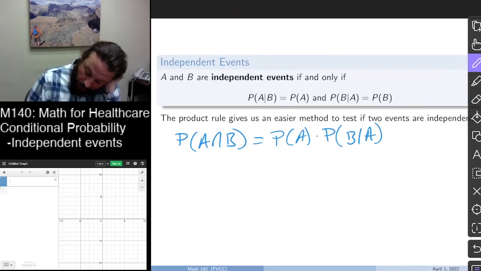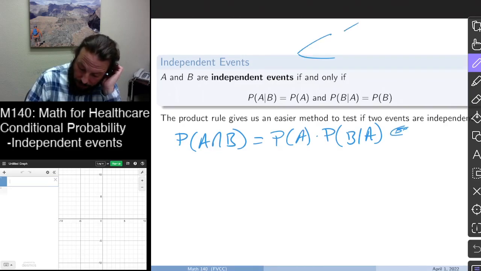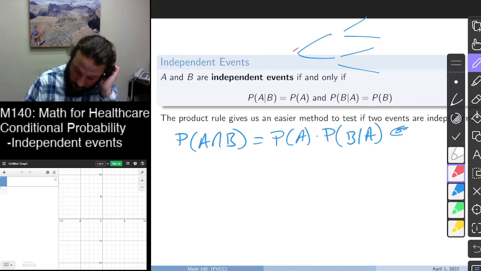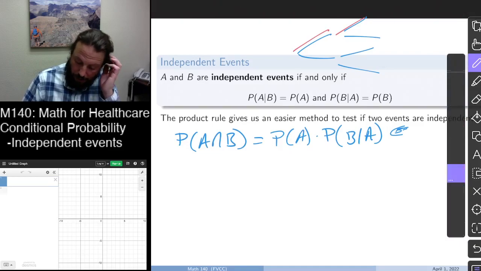All right. That's well and good. Remember, what do I think of this as? That's multiplying down some path of my tree diagram, right? It may look something like this, that red path down the tree diagram.